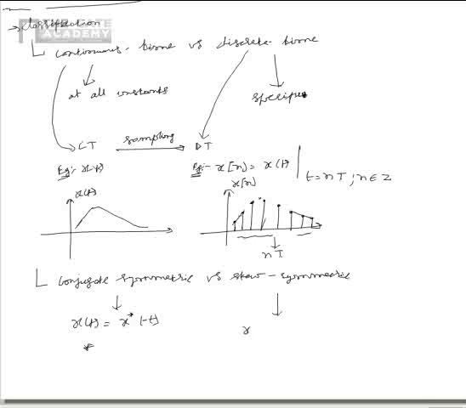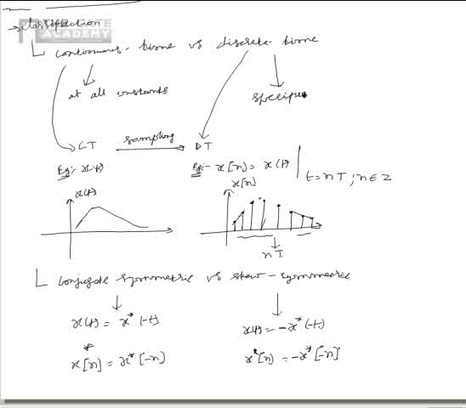Similarly, the signal is defined as conjugate skew symmetric if x of t is equal to minus x star of minus t. In case of discrete time signals, the conjugate symmetric definition is modified as x of n is equal to x star of minus n, and the conjugate skew symmetric definition is modified to x of n is equal to minus x star of minus n.